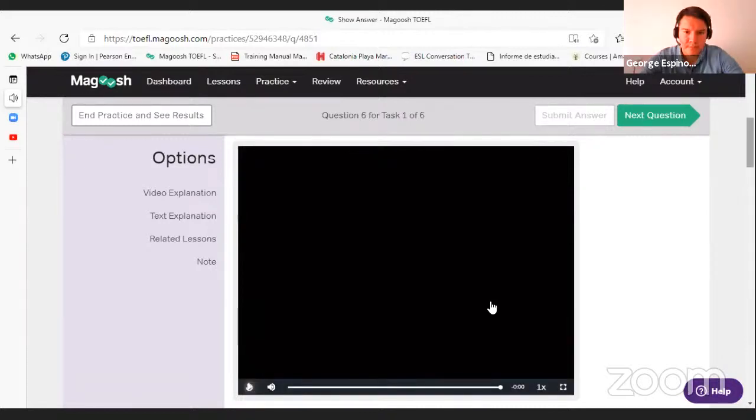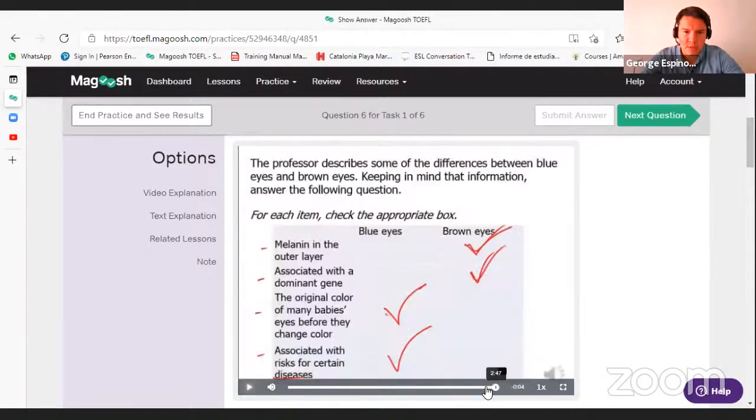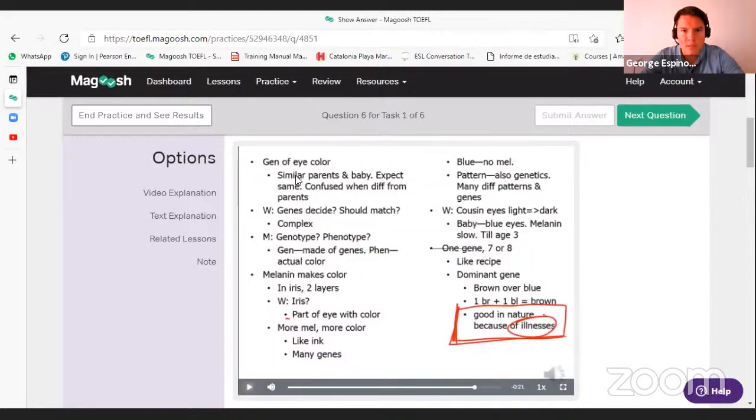Okay, so let's just check out his notes, see what we can benefit from. His example may help us with the listening that we may follow. So we see how he separates his notes by subject, right?